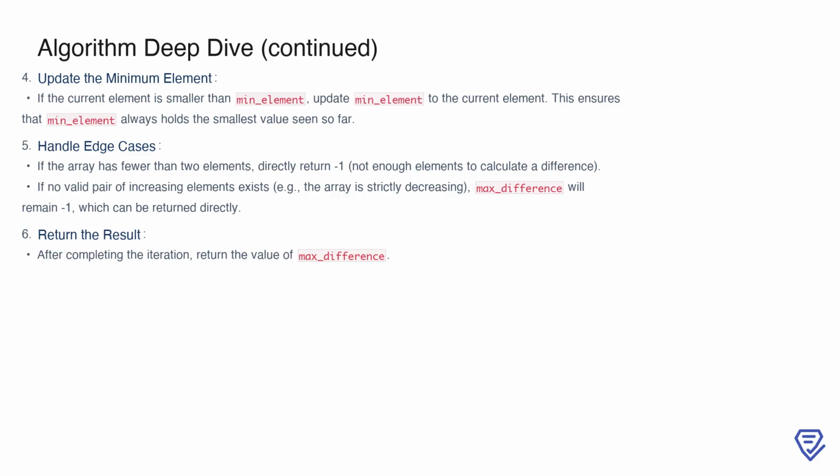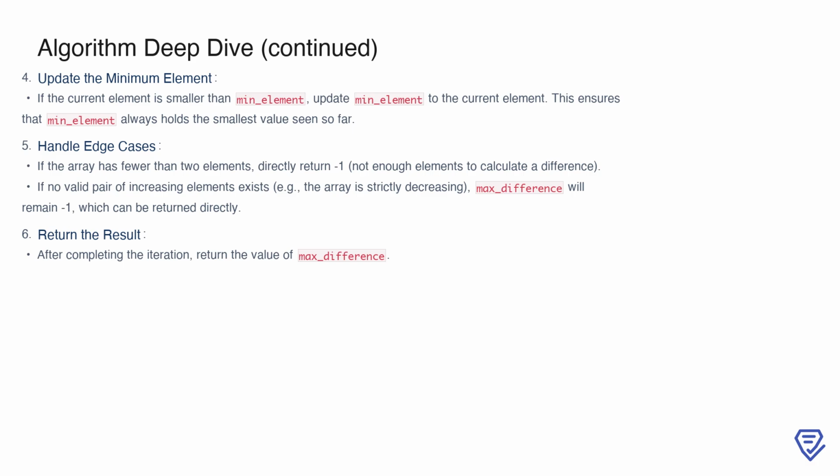As we continue iterating through the array, we also update the min_element whenever we encounter a smaller value. This ensures that min_element always holds the smallest value seen so far, which is critical for calculating accurate differences. Additionally, we need to handle edge cases. For instance, if the array has fewer than 2 elements, we immediately return -1 since it's not possible to calculate a difference.